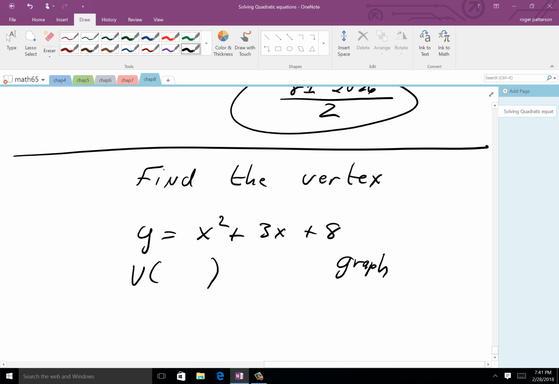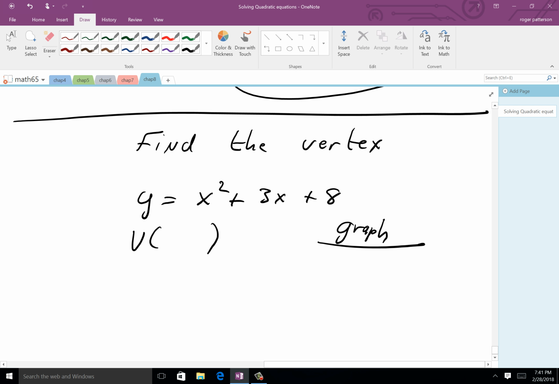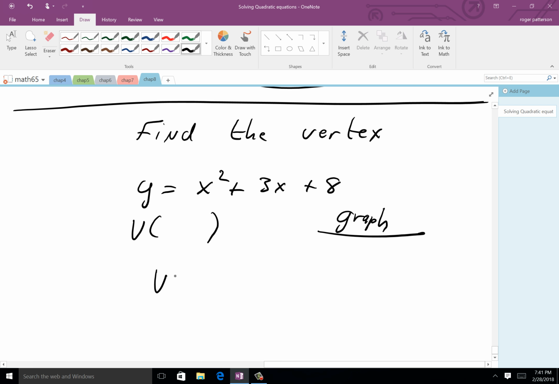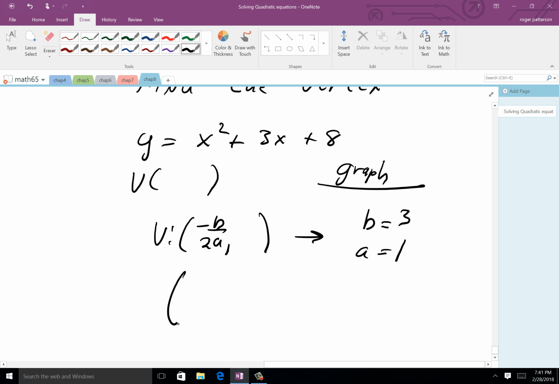Now there is another way to do it. You can either graph it, or you can use this guy, which is negative b over 2a, comma, and I'm going to leave that blank. So you could go b equals 3, a equals 1, negative 3 over 2 times 1, negative 3 over 2.